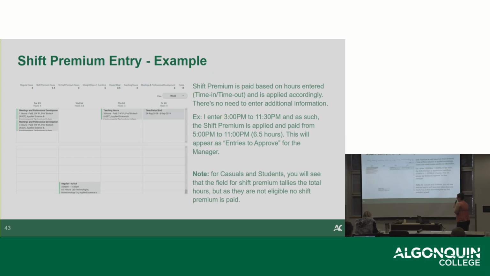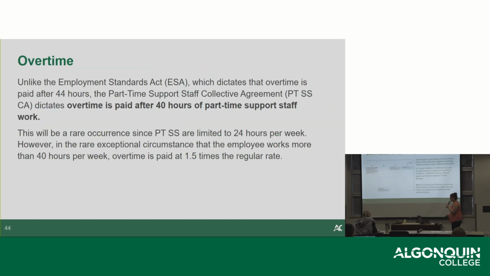It's just something we wanted to highlight here, because you may have employees asking questions if they see some of their hours getting tallied in the shift premium column, but they're not getting any extra money. It is in their collective agreement as well, so they likely will know that they're not eligible for shift premium, but we just wanted to show everybody what it looked like so that if anybody was asking, you knew what the employee was seeing and why they were questioning it. But they won't actually get paid anything extra on their pay because of it.